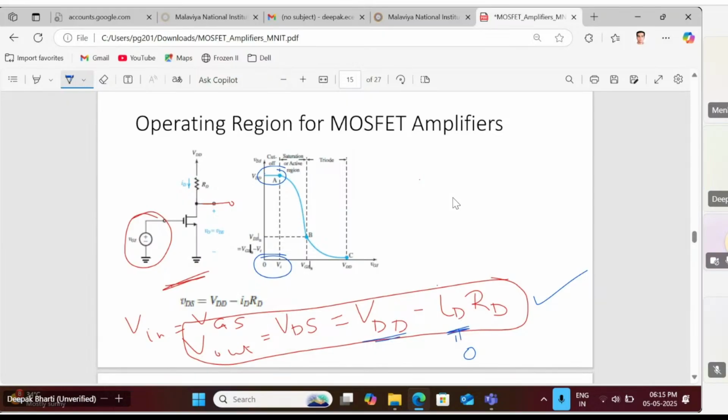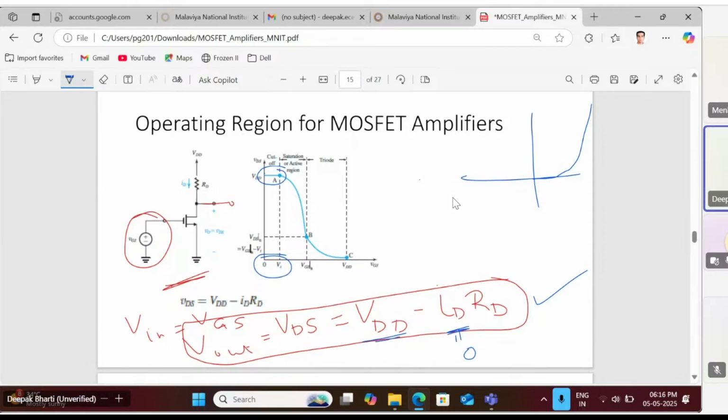Okay. When the input is increased beyond the threshold voltage, the drain current starts increasing, because in the transfer curve we know that up to VT it is 0, and beyond VT it is increasing. So if the drain current increases, what happens to V out?